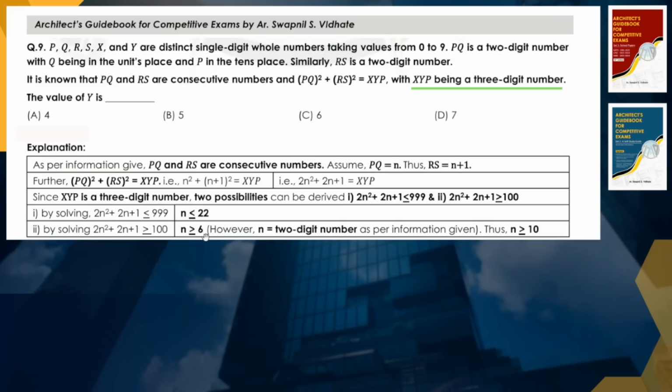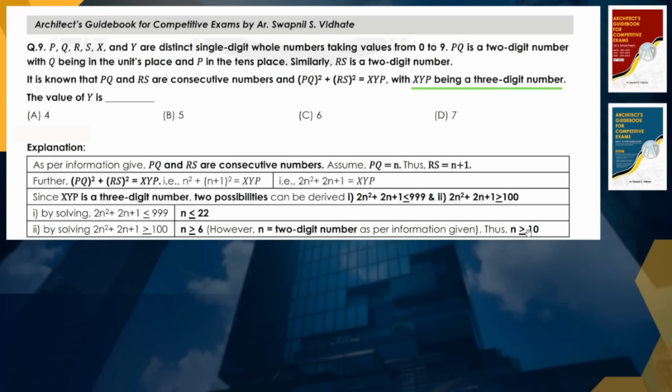Now what they have mentioned, PQ is a two digit number. We have assumed PQ equal to N, right? So N is a two digit number. So N cannot be equal to 6, 7, 8 or 9. N should be equal to or greater than 10, right?